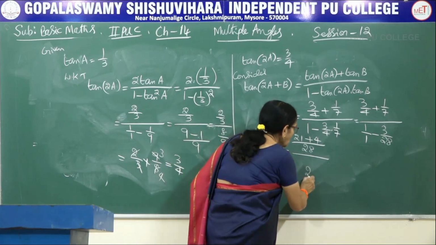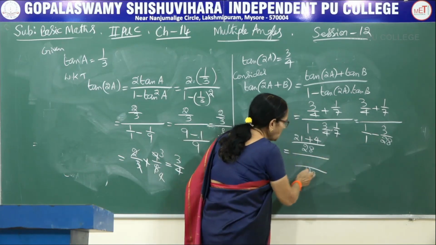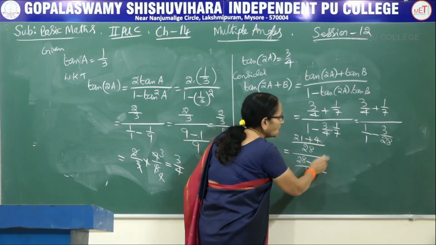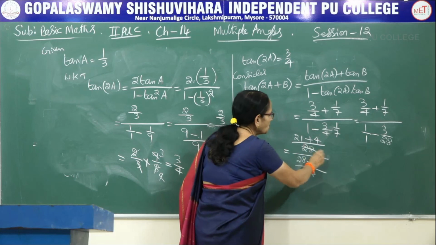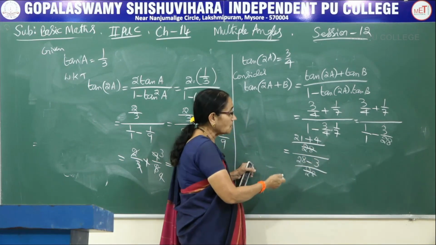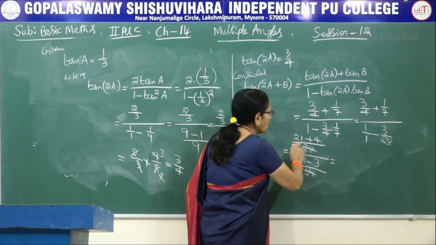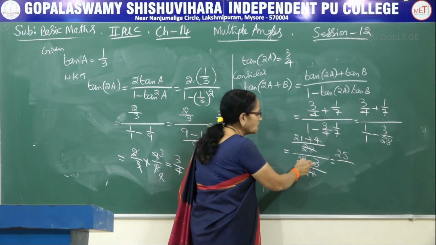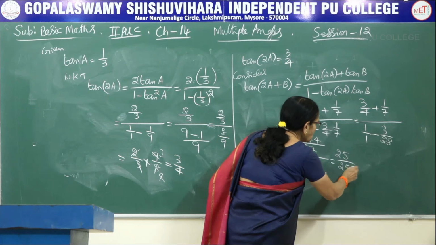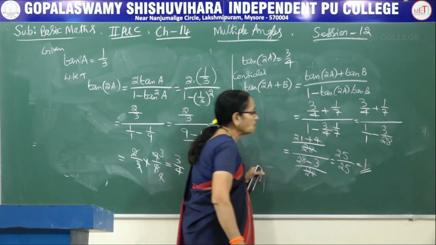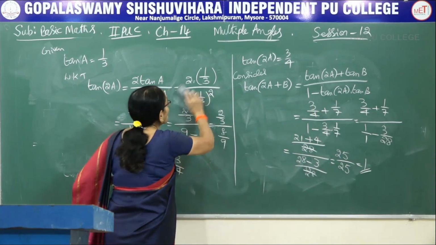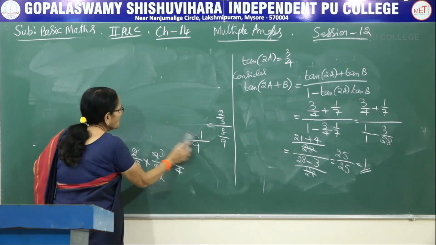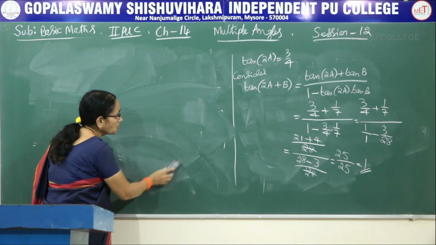Similarly, in the denominator, 1 28s are 28, and 28 ones are 28, 1 threes are 3. First you cancel this because they are equal. Numerator 21 plus 4 is 25. Denominator 28 minus 3 is 25. A number divided by itself is equal to 1. So we got tan of 2a plus b is equal to 1.